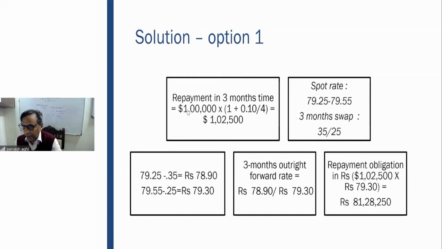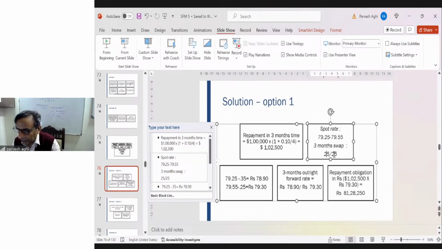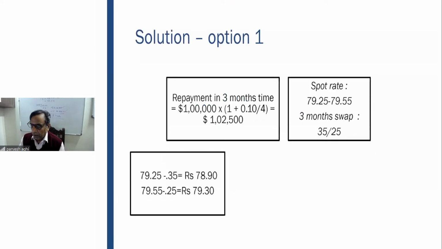Had it been 25 and 35, then we would have added, which would mean the dollar is trading at a premium. But here, this signifies that the dollar is depreciating in the future. So here we are assuming that the dollar is depreciating because the bid is higher.